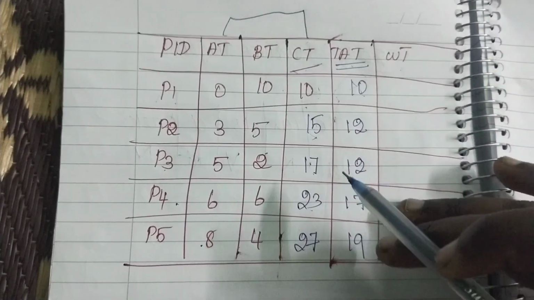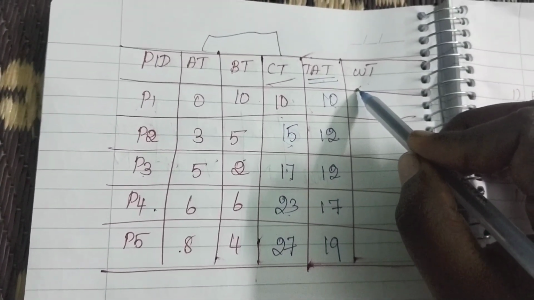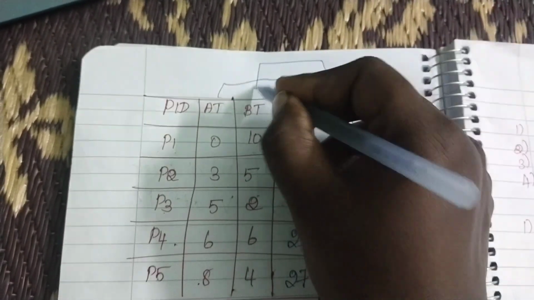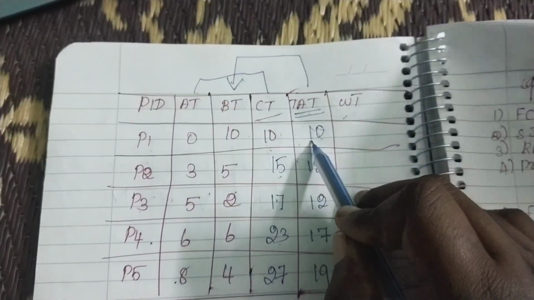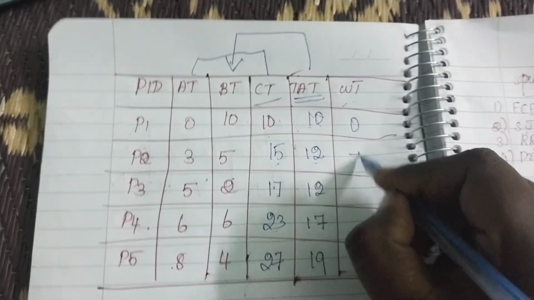This is the turnaround time. Then you have to find the waiting time. Waiting time is turnaround time minus burst time. 10 minus 10 is 0. 12 minus 5 is 7. Likewise you have to complete it.